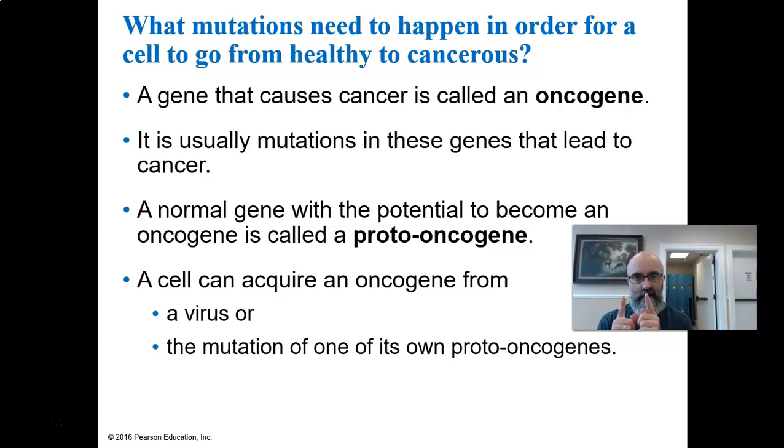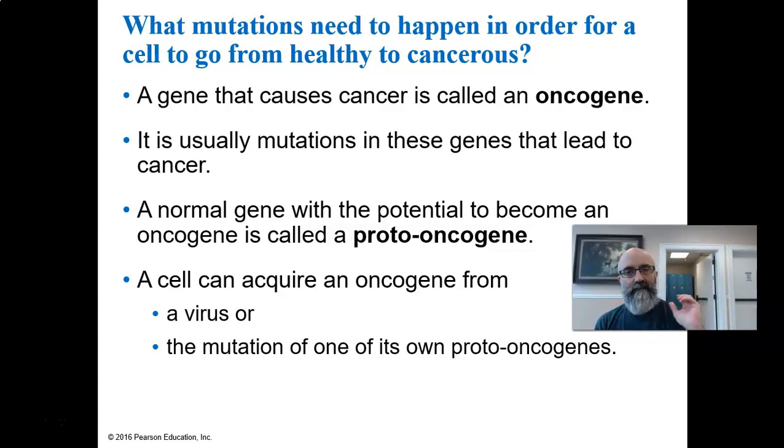It is one segment of one chromosome. There's a whole bunch of these genes called oncogenes, and these are the ones that generally have to be mutated in order to produce cancer. In fact, look in the name of the oncogene. Onco means cancer. So an oncologist is a cancer doctor. An oncogene is a cancer gene.